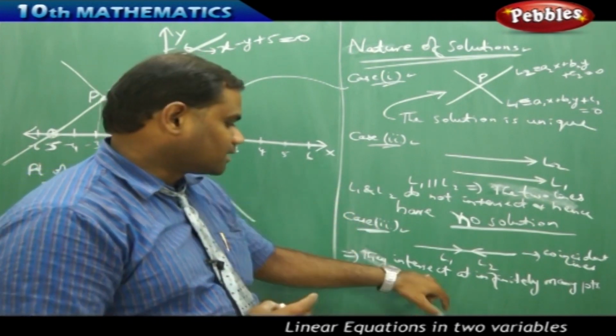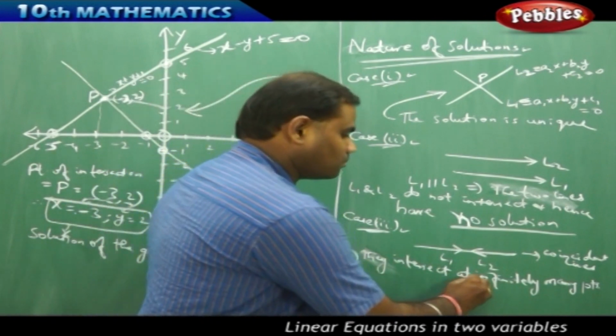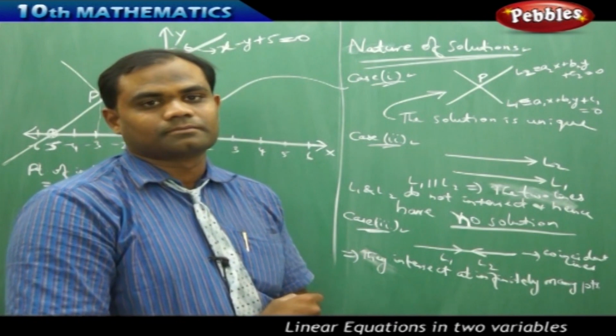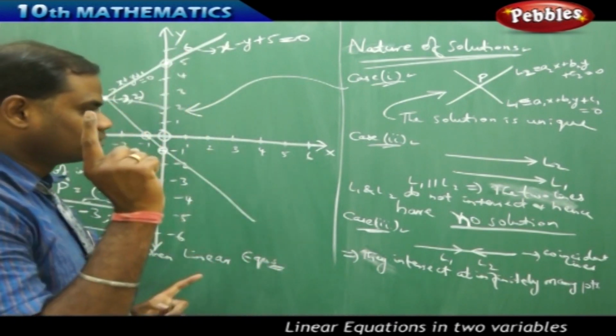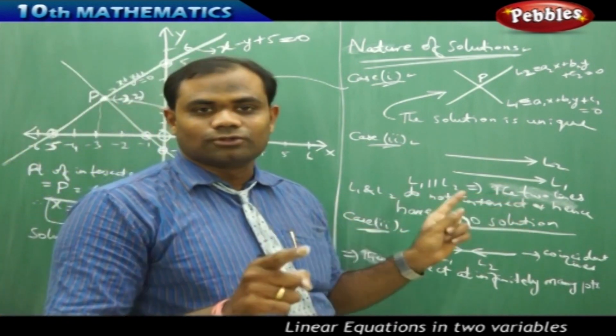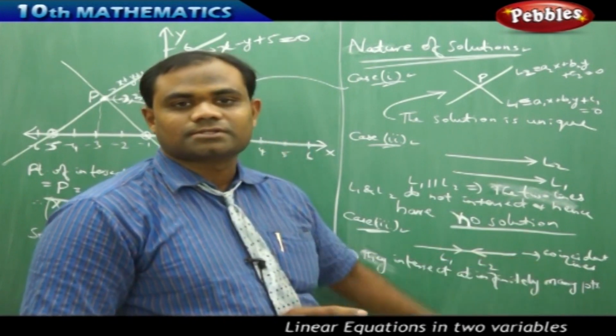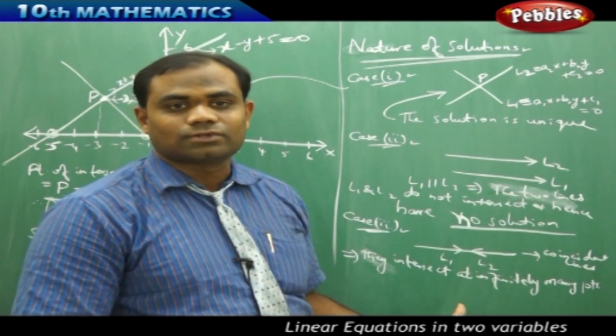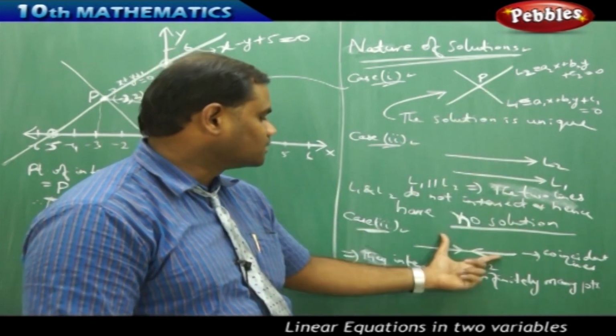Hence they intersect at infinitely many points, and therefore we get infinitely many solutions. One intersection, one solution. No intersection, no solution. Infinitely many intersections, infinitely many solutions is how we understand the nature of solutions connected to this, this, and this.